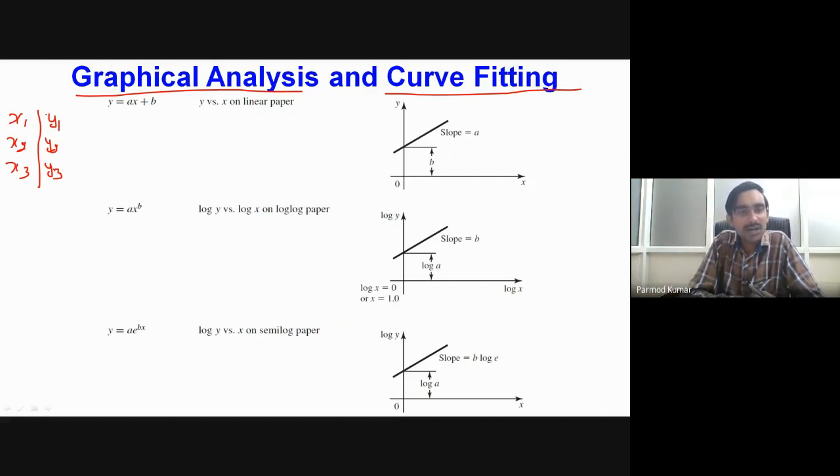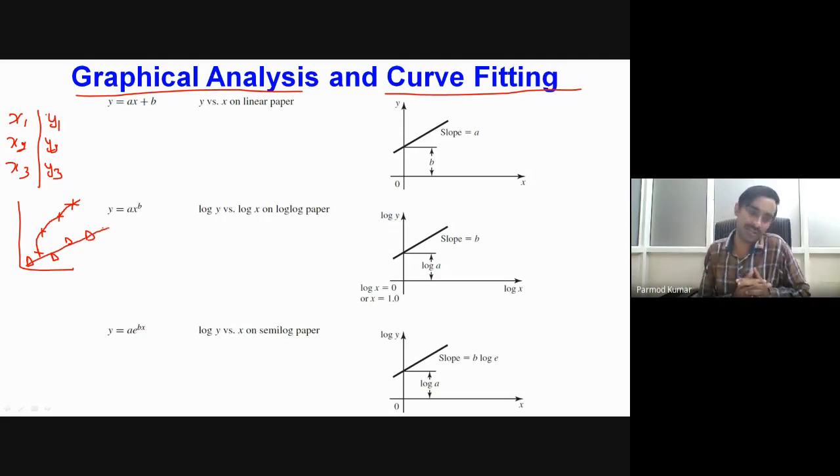If you plot any of the experimental results, you may find different types of arrangements. For example, one pattern may show this type of plot. Another pattern may be an almost linear variation of the curve. So here you can see this curve is almost linear.